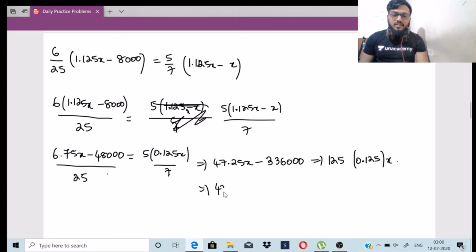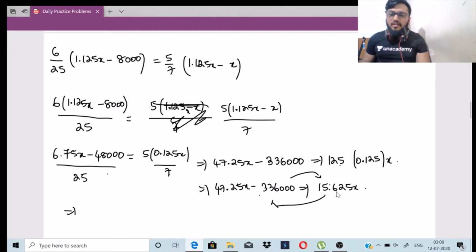So I will write this equation once more. 47.25x minus 3,36,000 is equal to 125 into 0.125x, which is equal to 15.625x. Let's put it on to the other side, so this is plus 3,36,000, and we bring the x terms together. 47.25 minus 15.625 will be 31.625x is equal to 3,36,000.